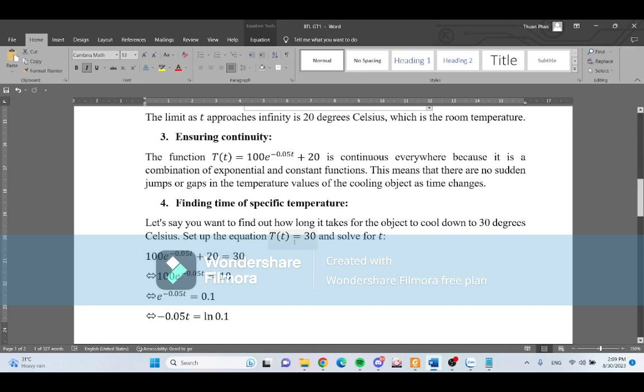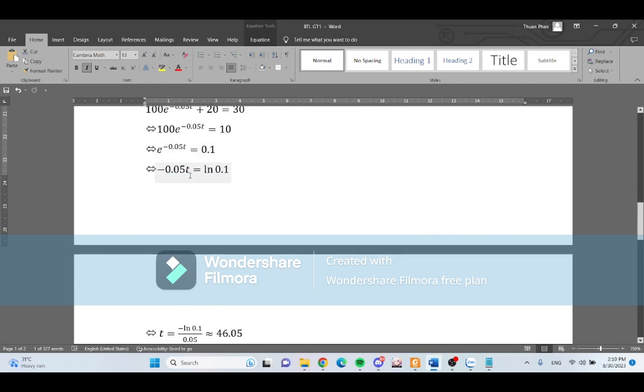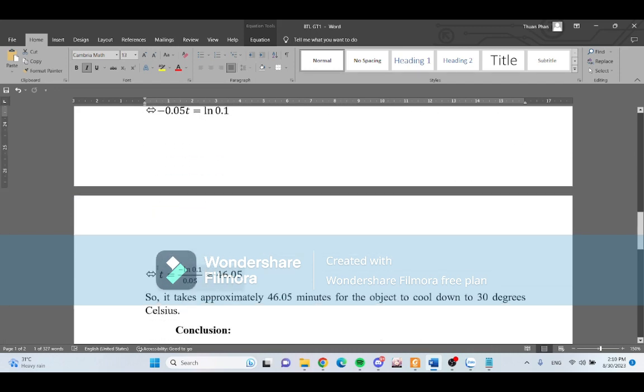T(t) is equal to 30, and you solve. After solving this, you will get the result that t is approximately equal to 46.05. So this calculation reveals that it will take around 46.05 minutes for the object to cool down to 30 degrees Celsius.